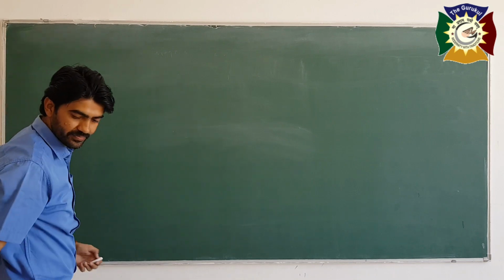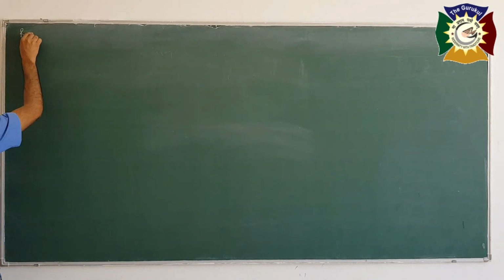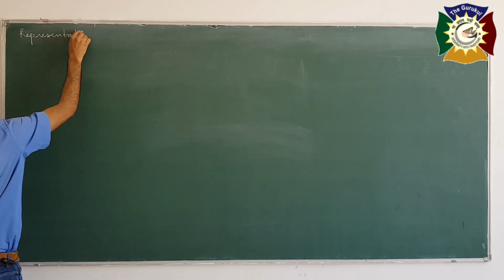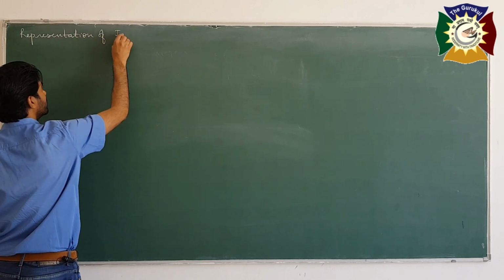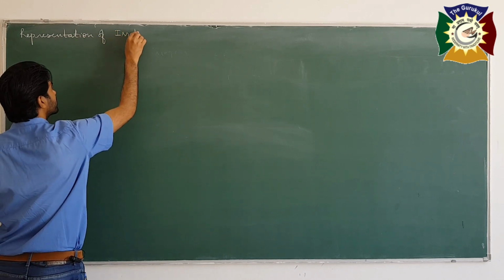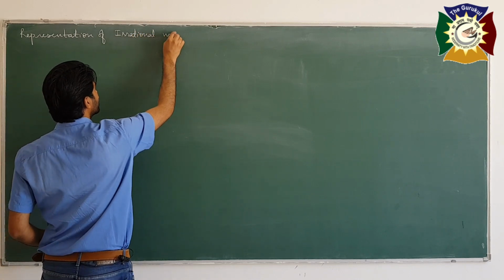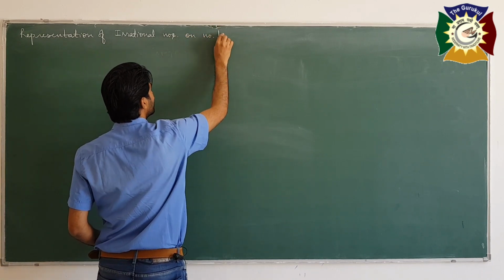Now we will see representation of irrational numbers on number line.